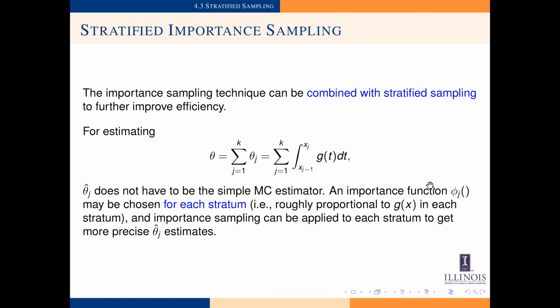You can choose phi of j wisely so that it is roughly proportional to g of x in each stratum. Then you can apply importance sampling to each stratum to get a good estimate of theta hat j. Summing them up will give you a theta hat s that is further improved in efficiency.